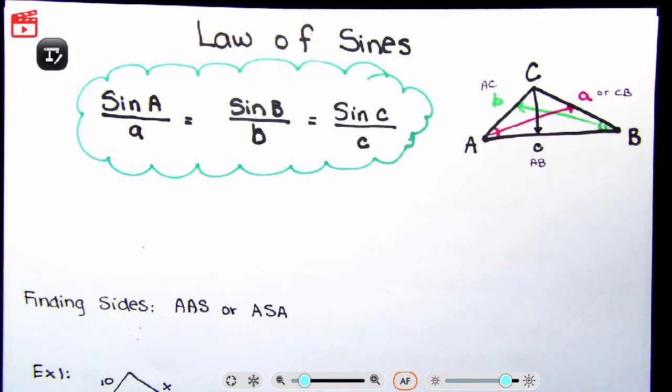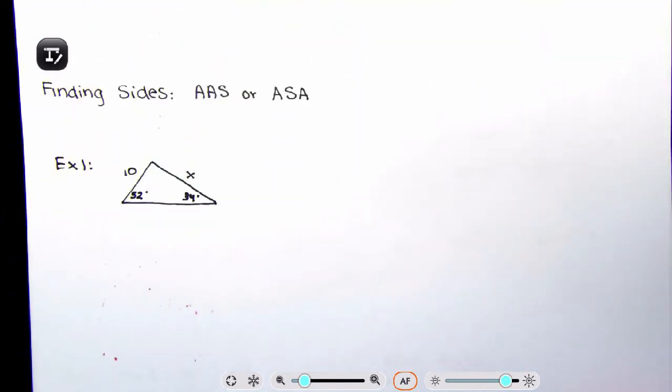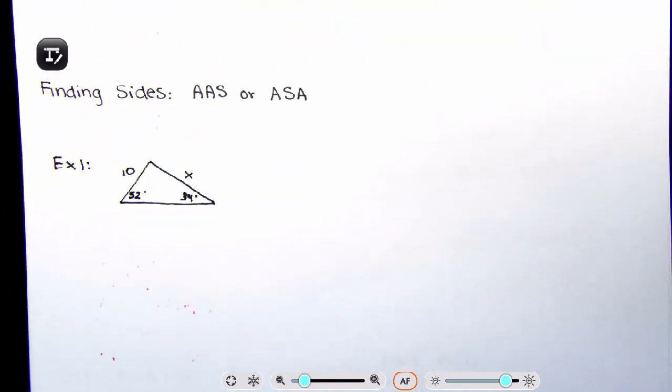Let's start with example number 1. Whenever you're given angle, angle, side, or angle, side, angle, you use law of sines. I personally don't necessarily remember that. What I like to do is see if I have angles and sides.